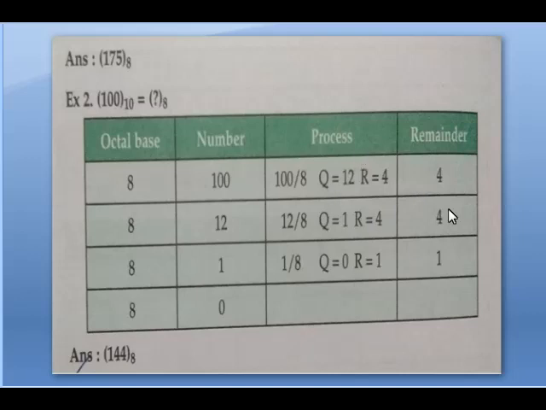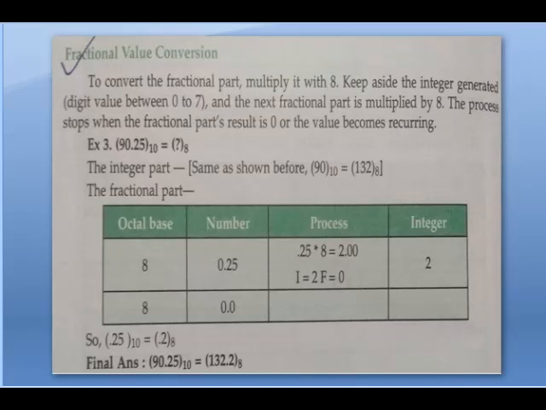Now we are going to see how to convert a fractional value. In binary numbers, the fractional part is multiplied by 2. So this is an octal number, so we have to multiply the fractional value by 8 till the fractional value becomes 0. To convert a fractional part, multiply it with 8.